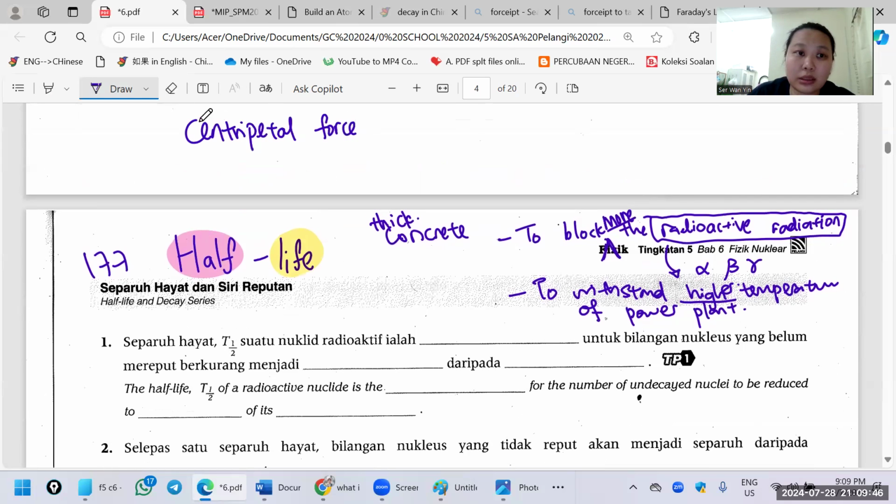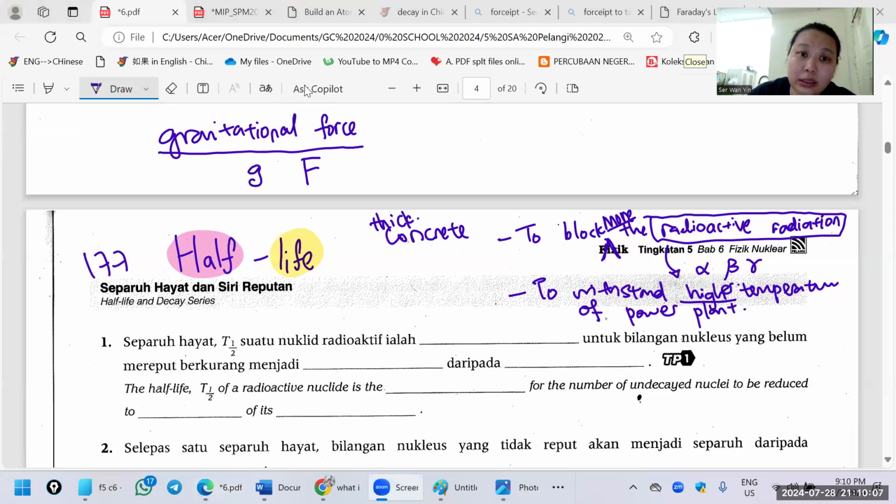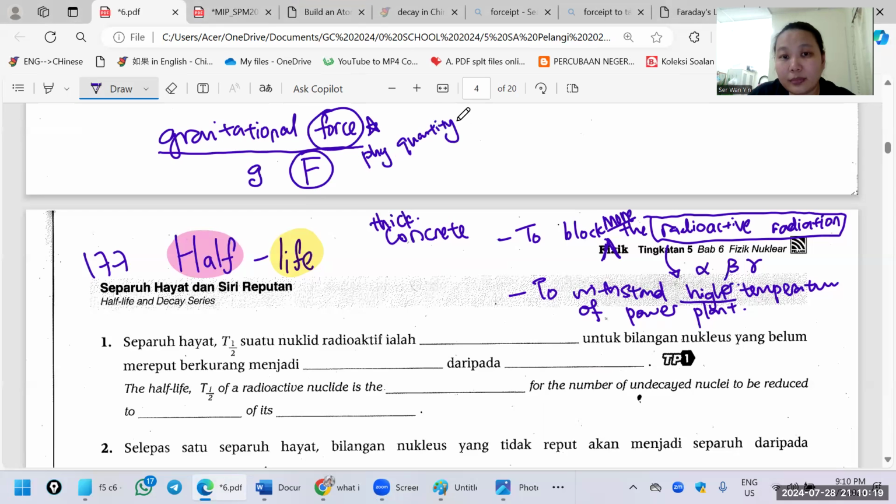So the important one is not centripetal, it is gravitational force. Okay, what is the symbol for gravitational force? Is it G or is it F? Thank you, Bethany. The rest? Yeah, actually it's F. So actually in physics, the second word is the physical quantity, not G. Many people confuse gravitational force as G, no, it's force.